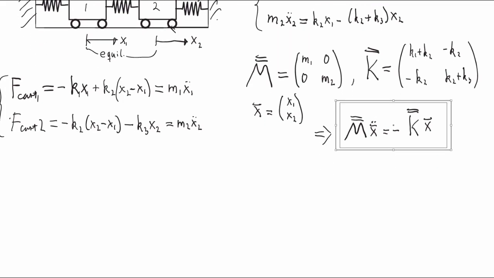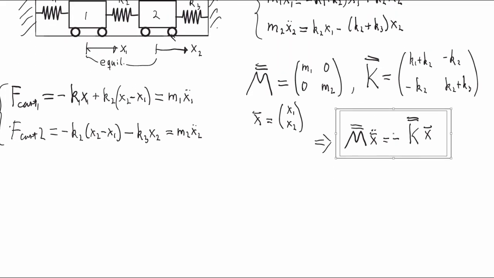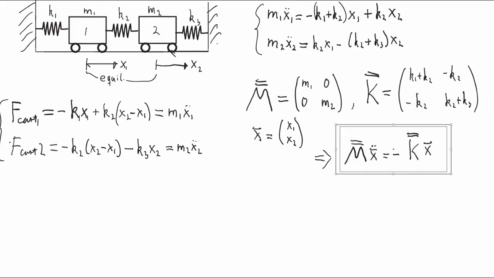So to solve this, we are going to make an ansatz. And this ansatz is that the motion of cart 1, basically x1 as a function of time, is going to have the same form as that of a harmonic oscillator. There's going to be some amplitude, which I'm going to call alpha 1, times cosine of some omega times t minus delta 1.